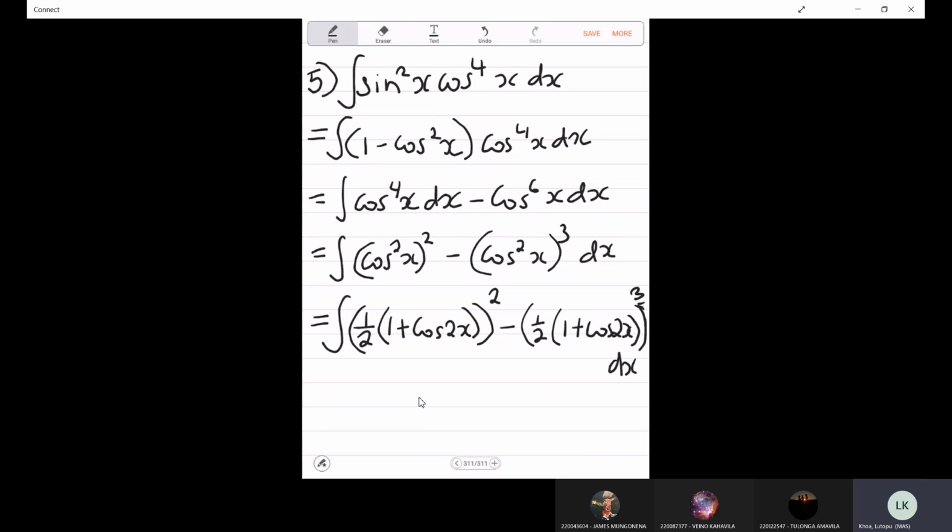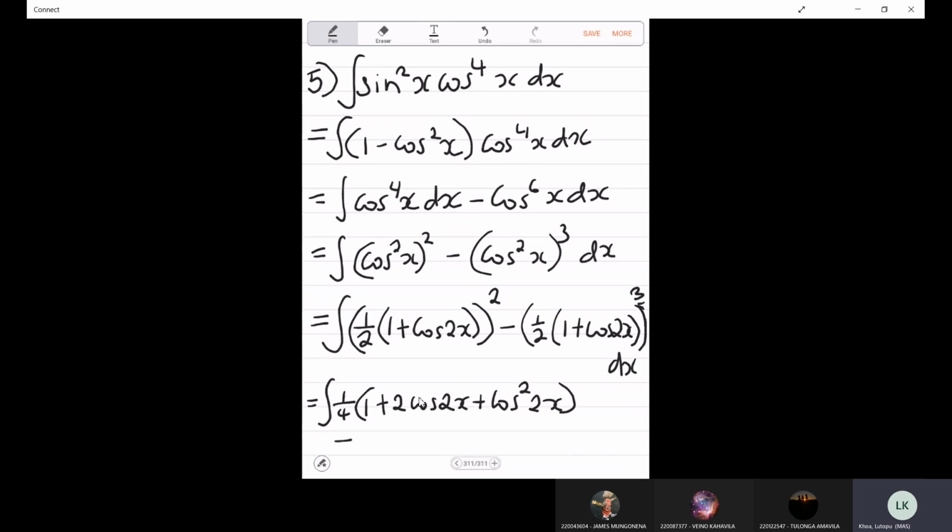Okay, so now we just have to use the binomial theorem to expand this. But again, nothing difficult. Just be careful with your calculations. So I have a quarter here, and then 1 plus 2 cos 2x plus cos squared of 2x. That's from the first one.